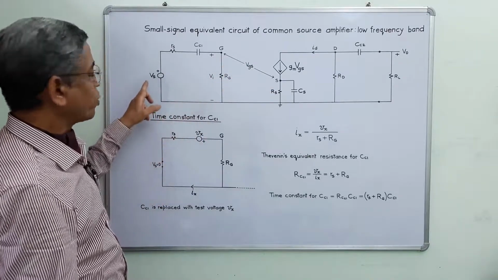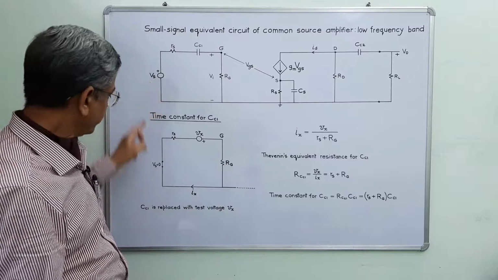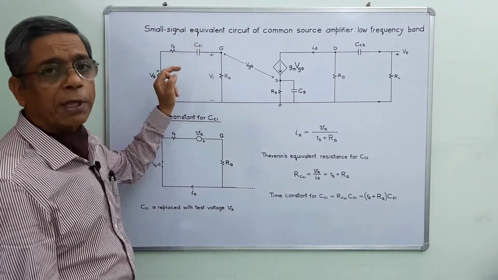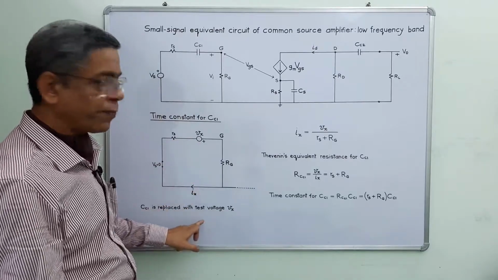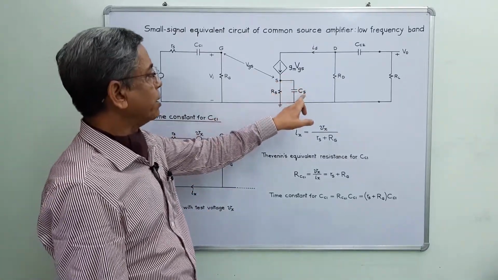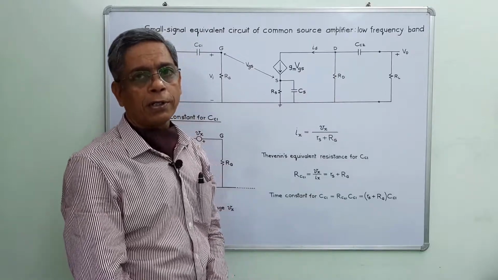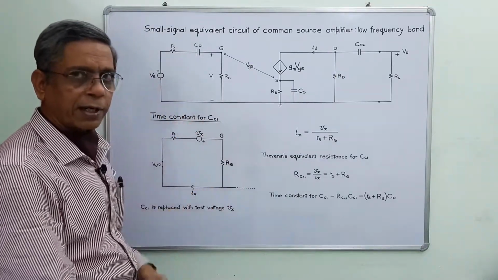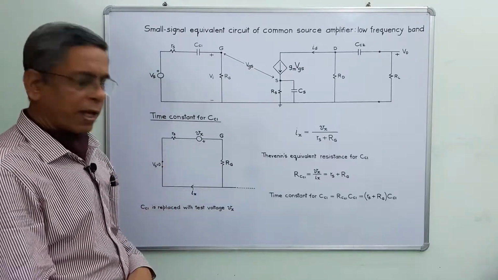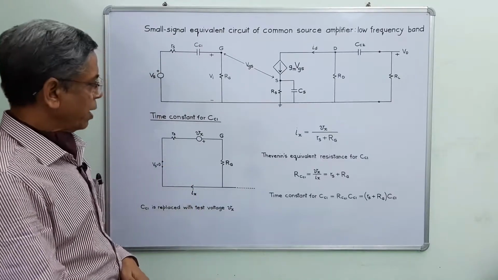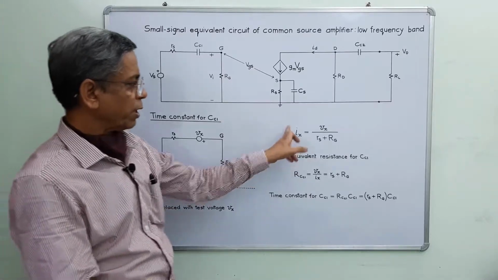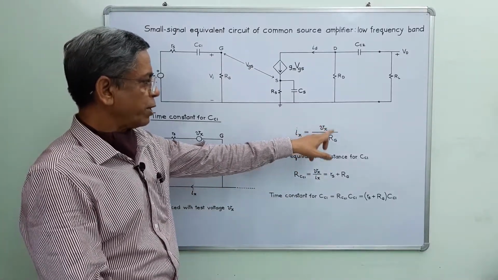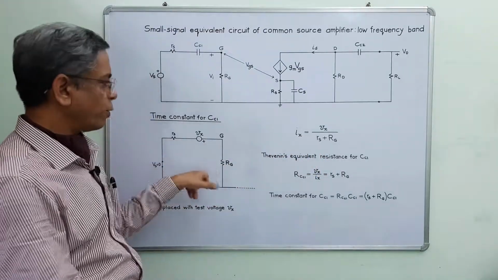For that, I have to short circuit the input voltage source, and replace this capacitor by a test voltage, and these two capacitors would be termed as short circuits. This is a very simplified circuit, and considering this loop with this test current, simply using Ohm's law, the test current is the test voltage divided by the total resistance of this loop.